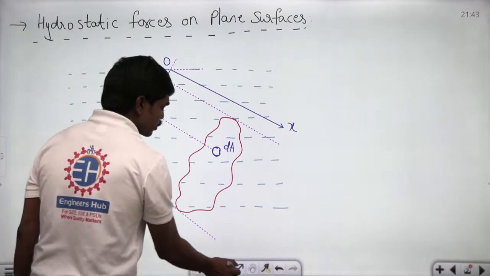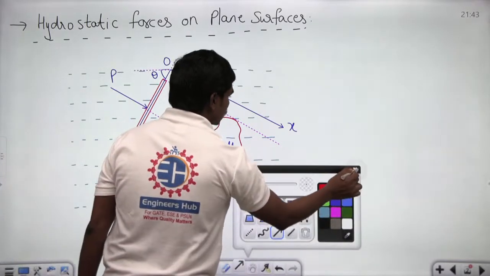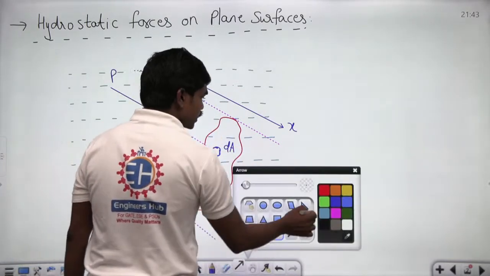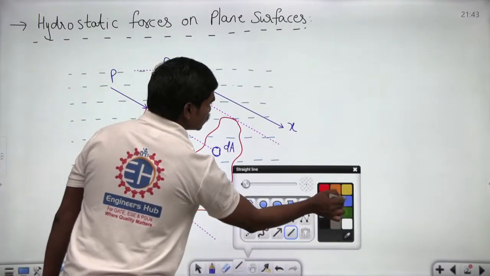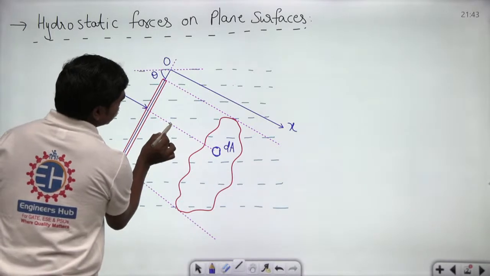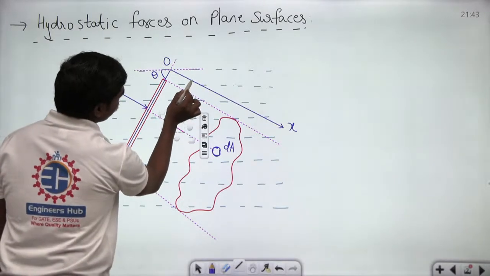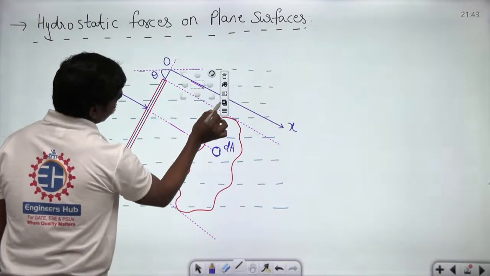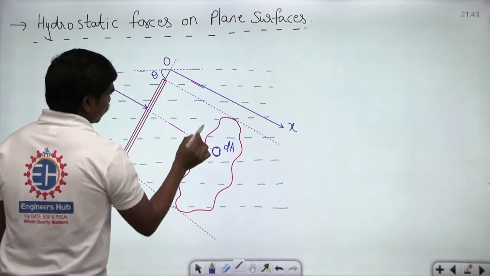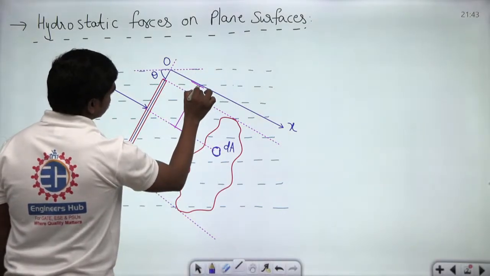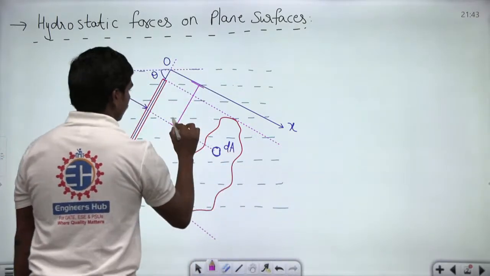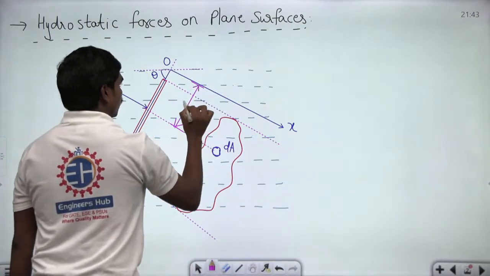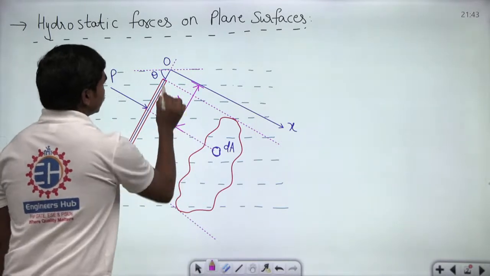Let us suppose this location is at a distance of y from this plane. Let us suppose this distance is y, and this angle is theta.